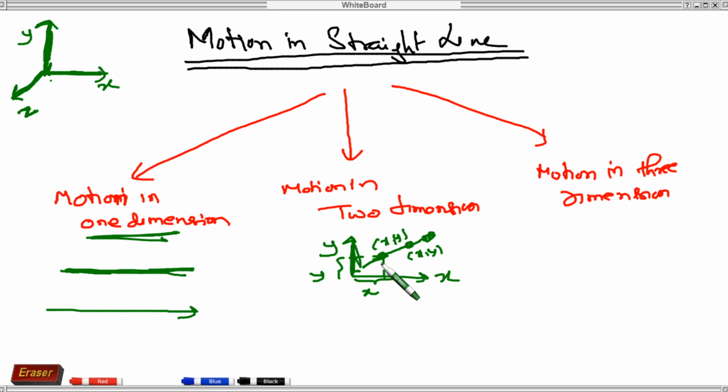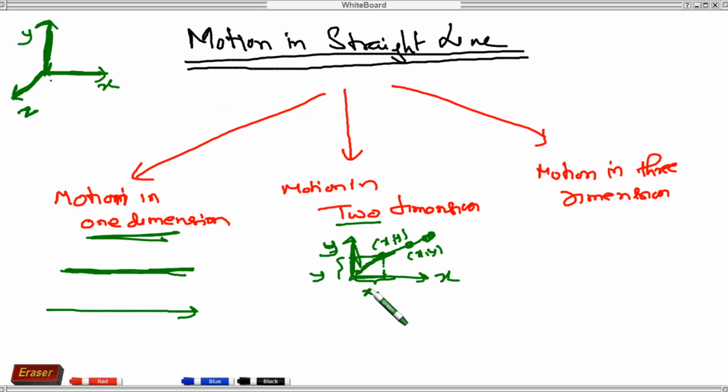So it's a two-dimensional motion. If a body is moving in any of the two axes, then we say it's two dimensions.